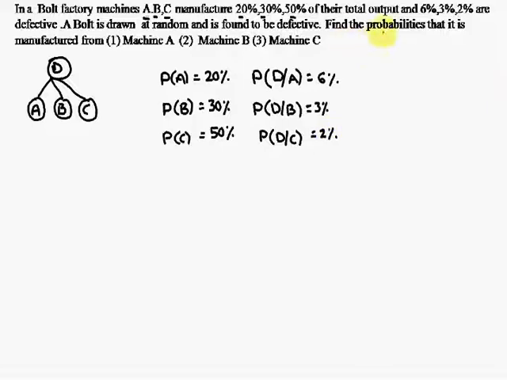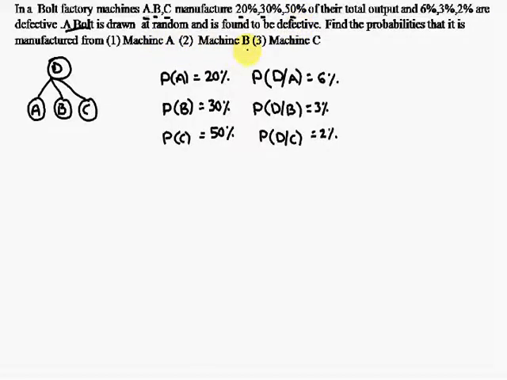Now we have to find the probability that it is manufactured from machine A, machine B, machine C. Three questions he is asking. Before that, a bolt is drawn and is found to be defective. That means the defective event happened.